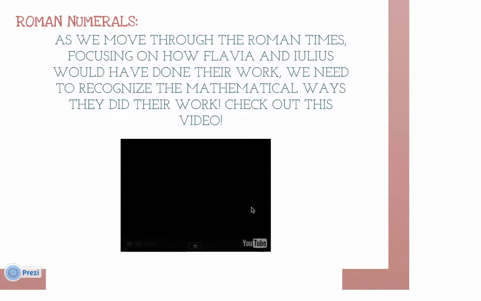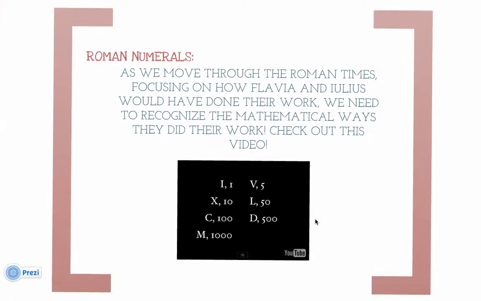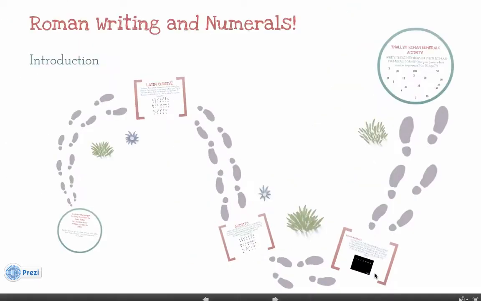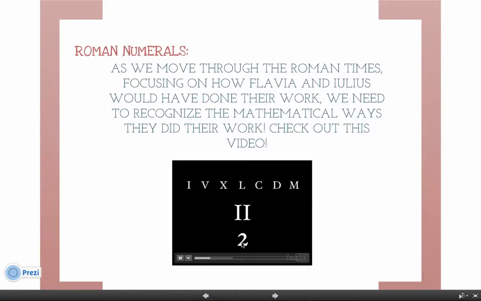So first, the basics. The Romans used letters instead of numbers to represent these figures. So I is 1, V is 5, X is 10, L is 50, C is 100, D is 500, and M is 1,000. So Roman numerals are additive. To make 2, we put 2 I's together.